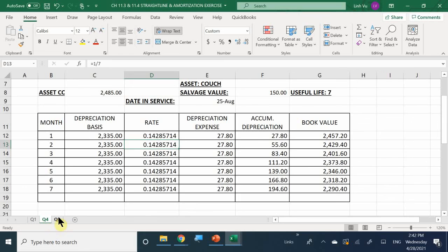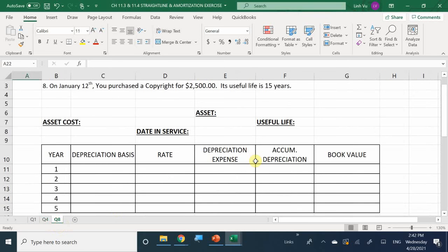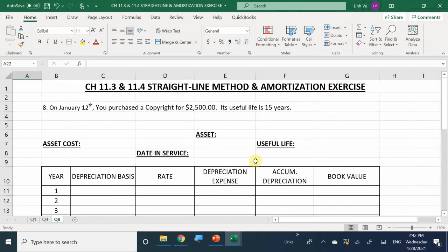Last question that we have here is, of course, an amortization example. Question number 8 says that as of January 12th, you decide to purchase a copyright for $2,500. Its useful life is 15 years.